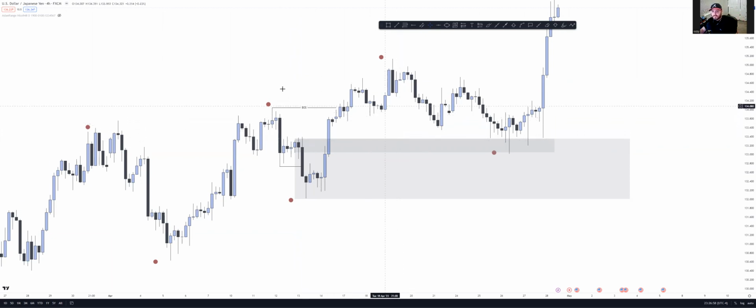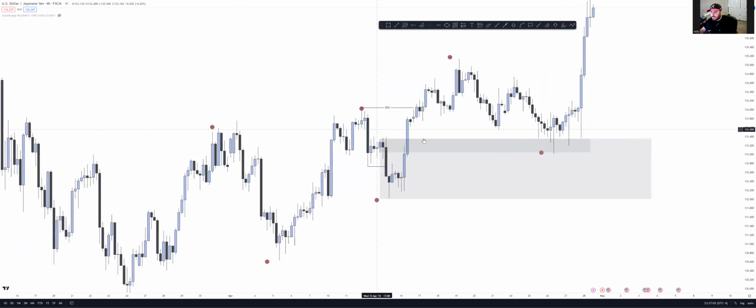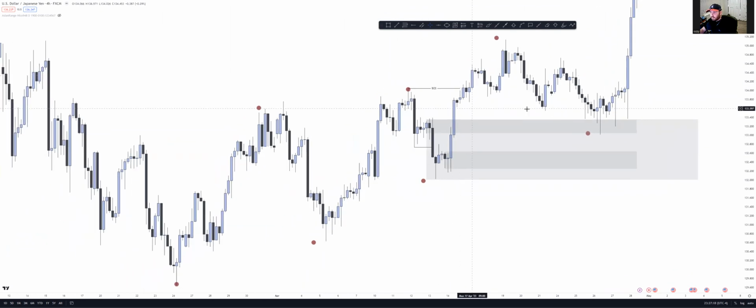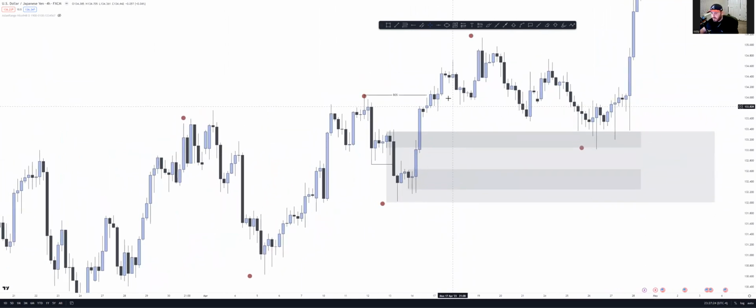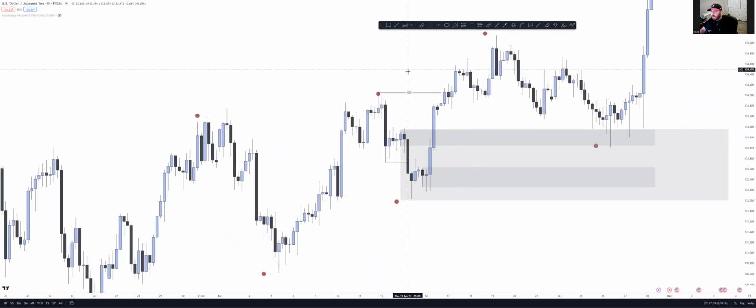Now, real quick, before you continue, can you mark it out as if you were to mark out a regular order block? I want to show the audience, or anybody who might not be exactly sure, how to mark out an order block. Can you go over that briefly? Pretty much, the way to identify an order block is you find the last contrary candle before the move, either to the upside or to the downside.